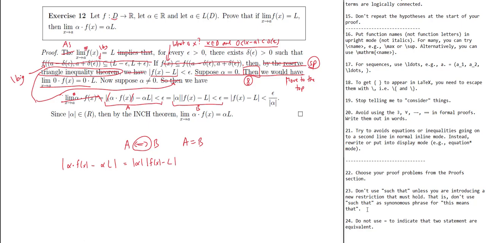And now you know by what you have up above on this line, we know that this piece is less than epsilon. And so this product is less than the absolute value of alpha times epsilon. Now, somehow when you did this, your absolute value of alpha got to the bottom, which doesn't make any sense.